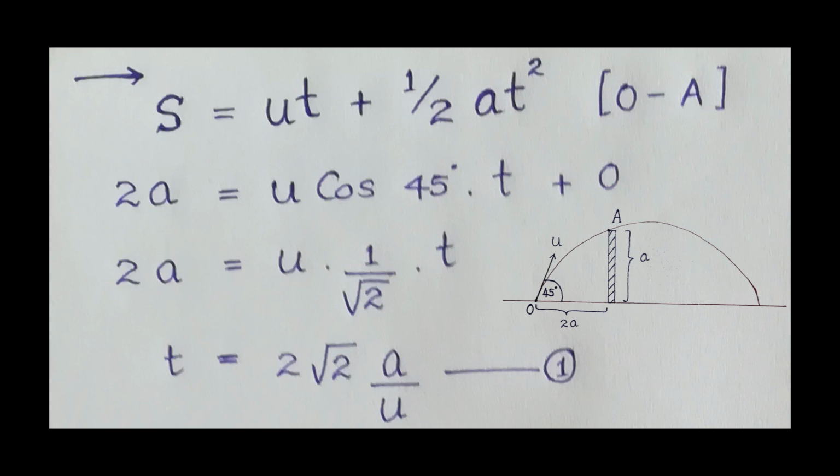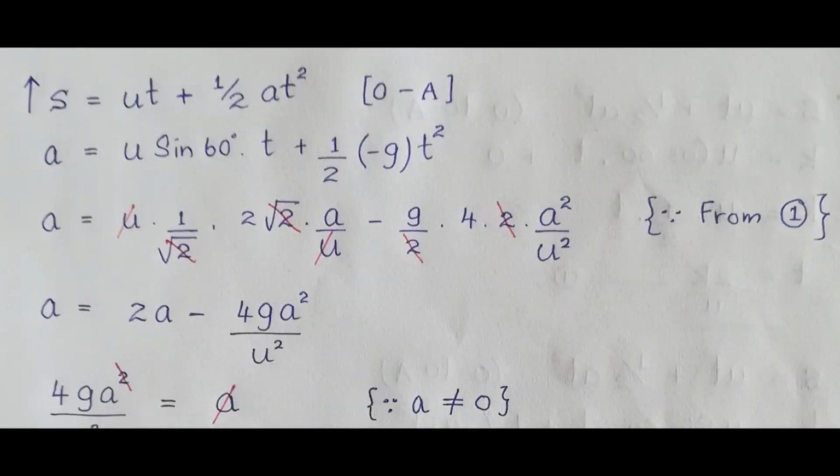I label that as equation 1, and I am going to apply s equals ut plus half at squared vertically upwards from O to A. Then the vertical displacement is a. The vertical component of the velocity is u sin 45 into time, simply t, plus half into gravitational acceleration.